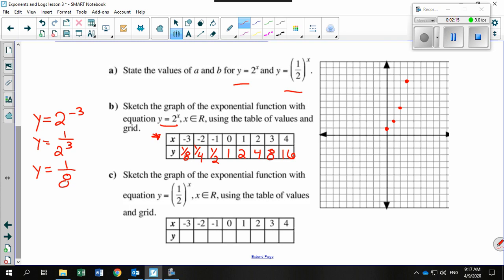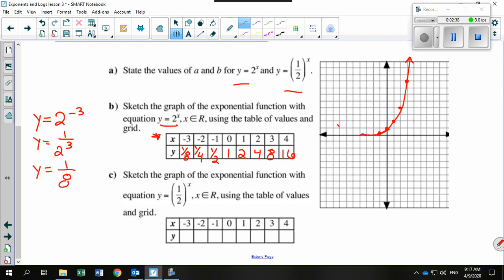It's growing very fast. At -1, we were at 1/2. It's really hard for me to get super close, but you're going to see a graph that looks like this. Over here, it shouldn't actually touch your y-axis. It's just getting closer and closer and closer. It's just really hard on my smartboard to get that accurate. And you would see something like that.